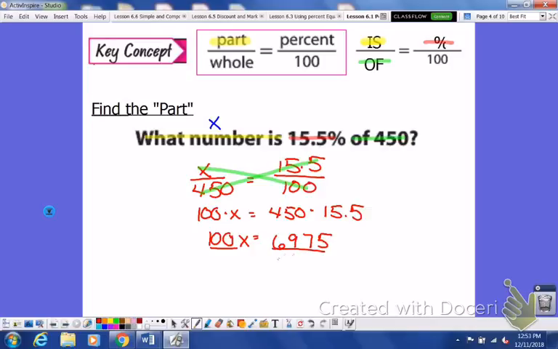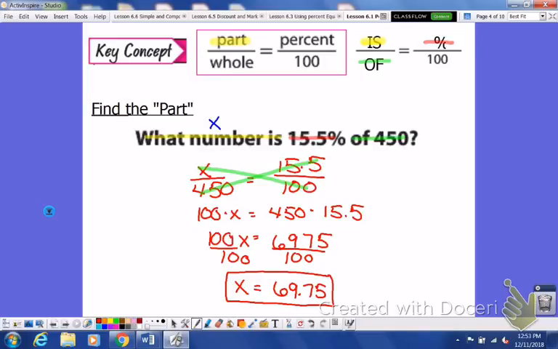Again, divide by the number with our variable, so divide by 100. 6,975 divided by 100 is 69.75. We're just talking about a number this time, so no label, 69.75.